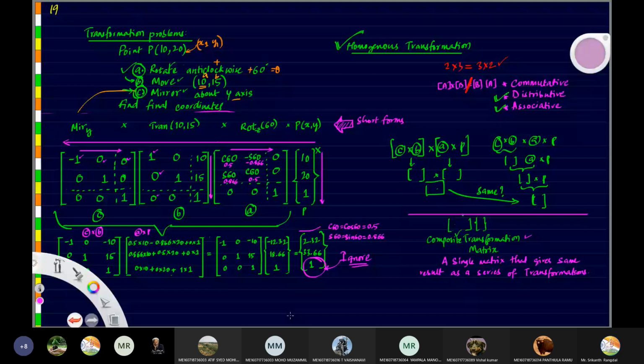The other method, of course, is to solve using the composite matrix. So how to get this composite matrix?